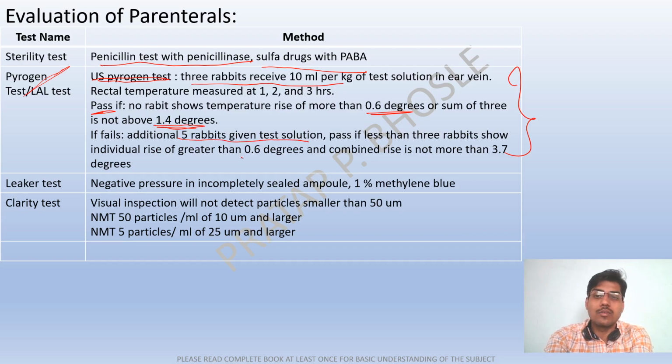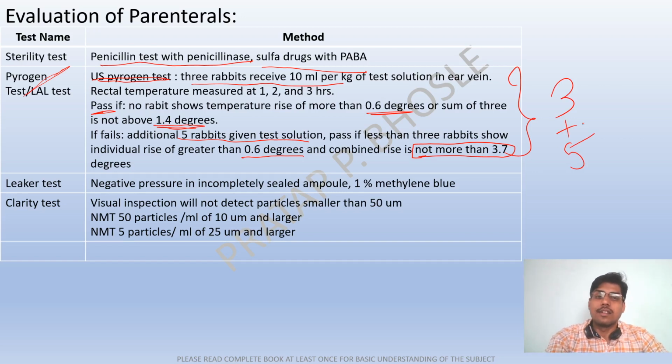If individual rise is greater than 0.6 degree Celsius, है ना? Combined rise किससे ज़्यादा नहीं है? 3.7 degree Celsius. Right? Then only it will pass. तो फर्स्ट में 3, बाद में 5.